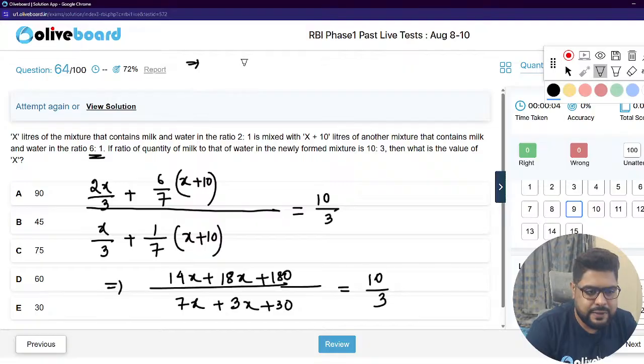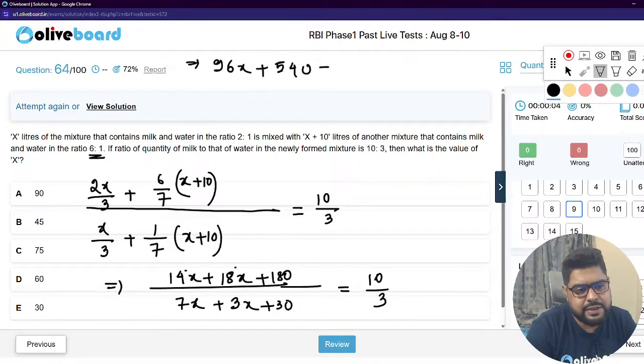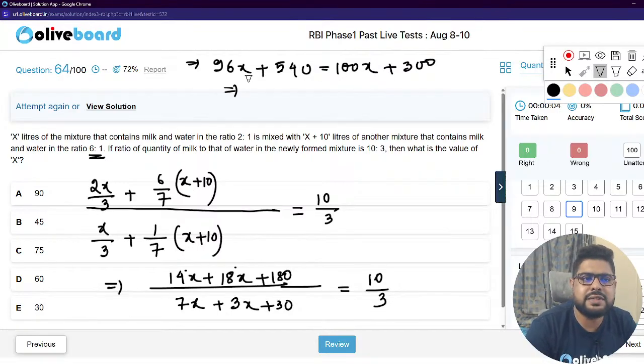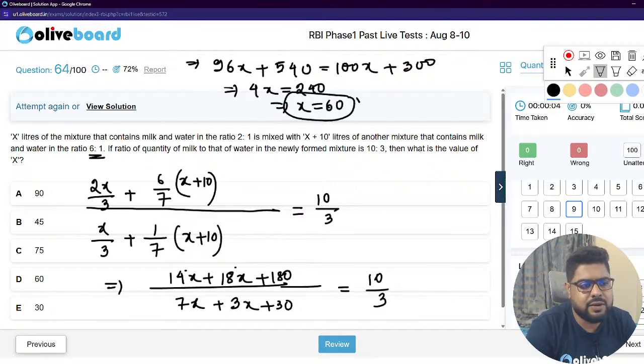So this is 14, 14, 28, 4s are 32, 32, 3s are 96x plus 540 is equal to 100x plus 300. So from there we can say 4x is equal to 240. So x is 60.